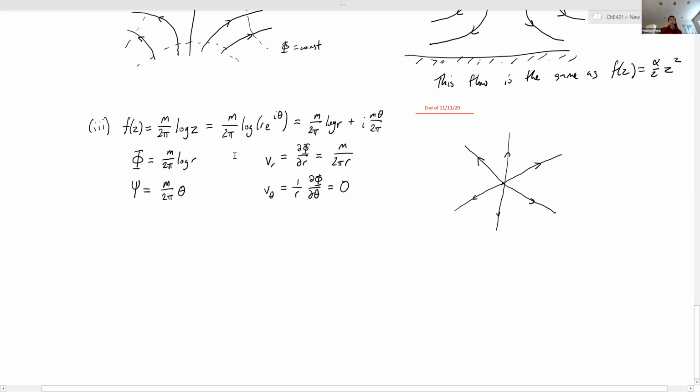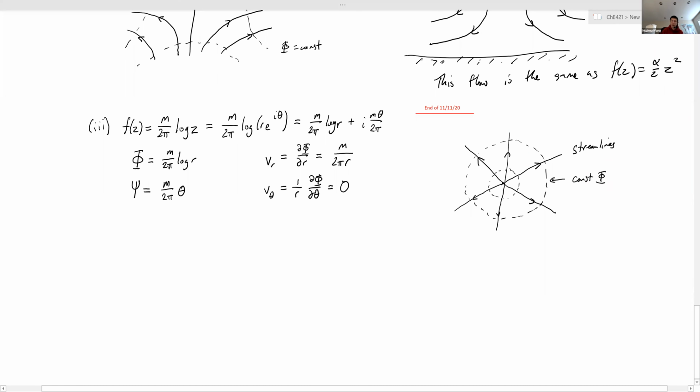So in other words, r is equal to some constant, right? And as we know, the lines of constant potential always have to be perpendicular to the streamlines, because it's as if the velocity is flowing down some sort of scalar velocity potential. So these here are the streamlines, and these here are the lines of constant potential.